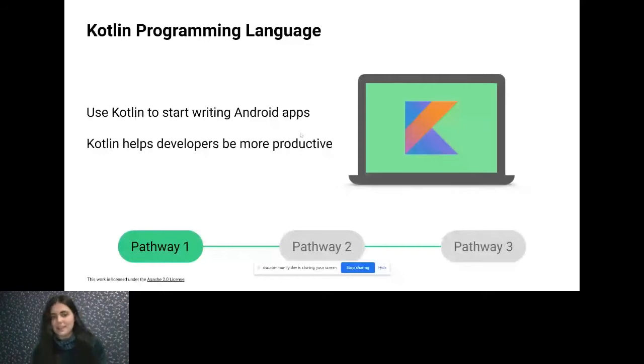Why is that the case? It's less error prone, which means you're not going to run into a lot of errors, and the syntax is way shorter than Java, so it's going to save you more time. It's really advisable for those starting their programming and developing their own mobile apps to start with Kotlin.